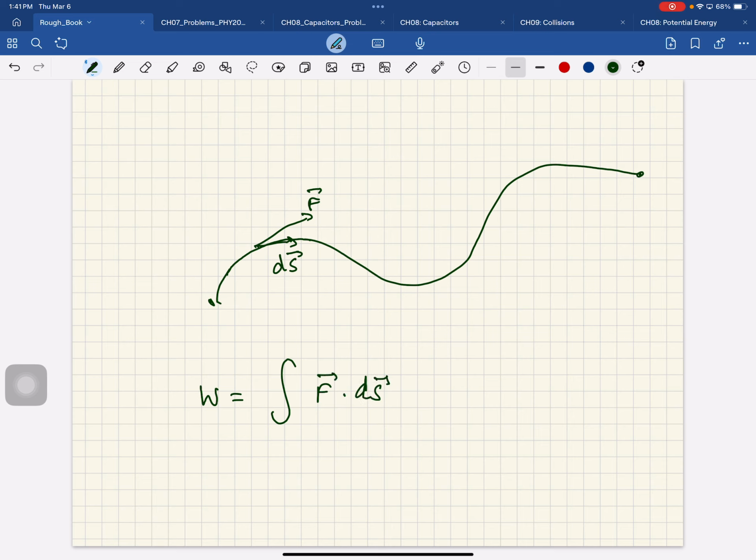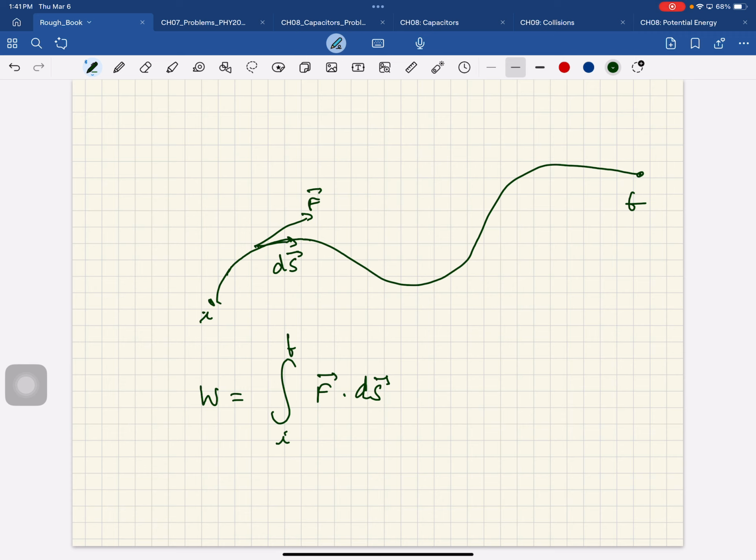In general, this line integral is hard to do. Here's your initial point to your final point. For instance, if you are driving around in the city and you try to calculate the work done by your car engine, that would be a hard thing to do. You push your cart around in a supermarket, that would be a hard thing to do.